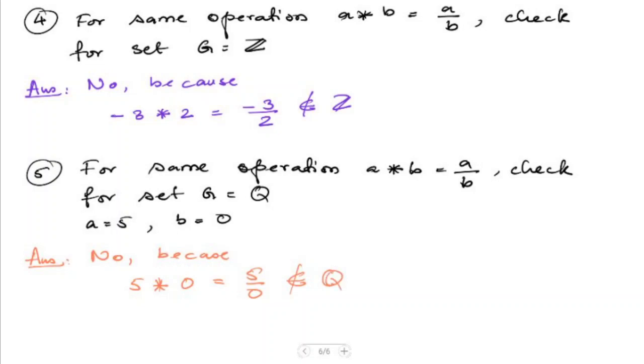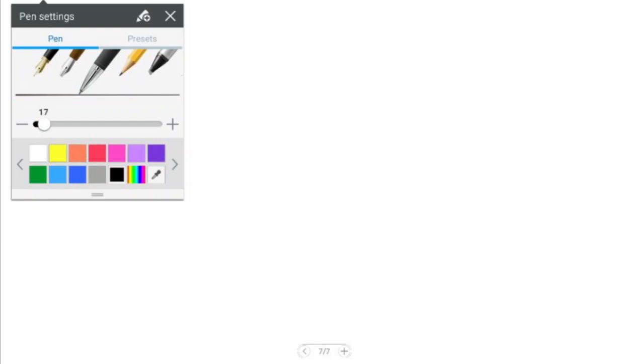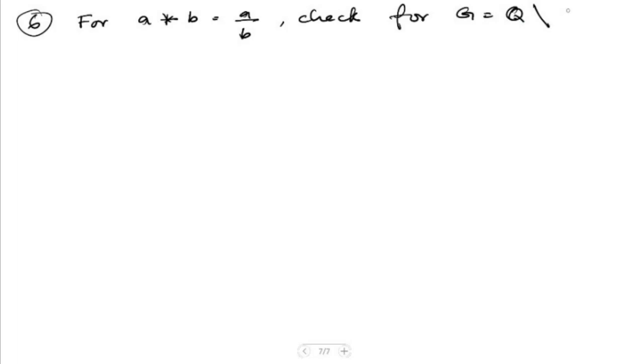Okay, now let's go ahead and solve one last example to make it clear for you, which is example 6. So for the same operation, a star b is equal to a divided by b. Check for g, now a set of rational numbers again, excluding 0.